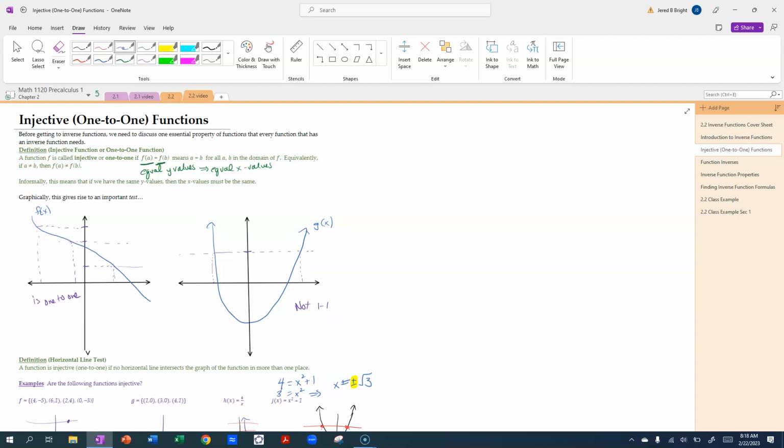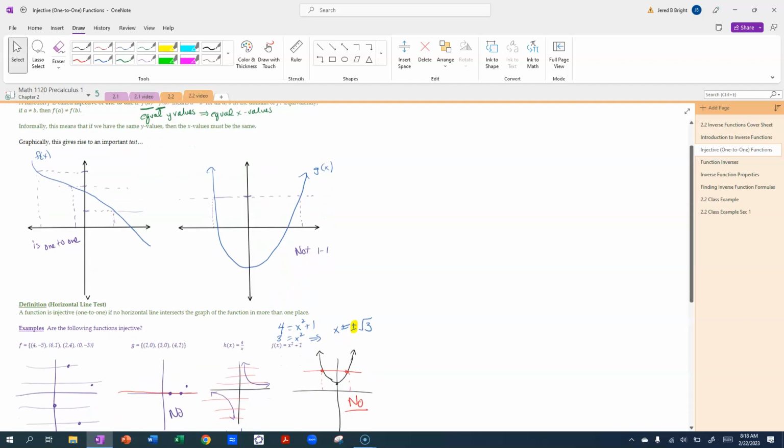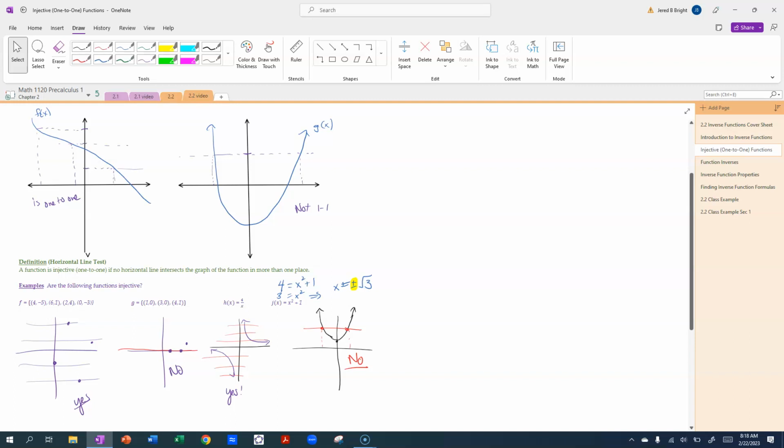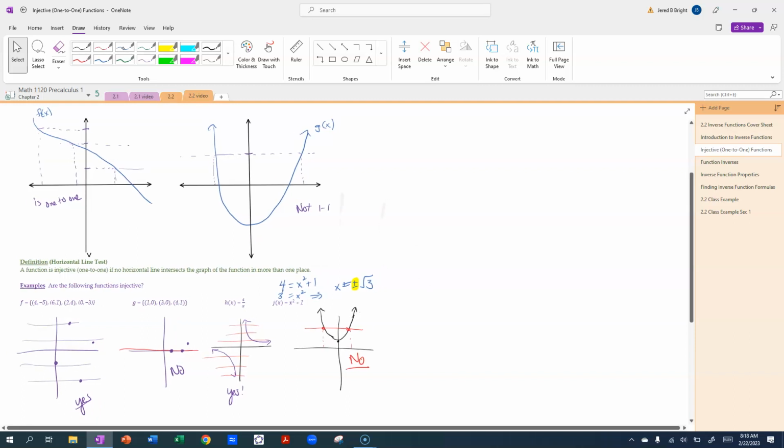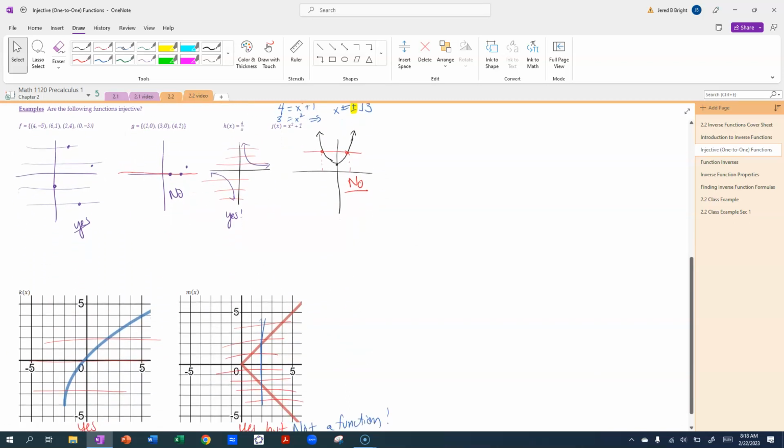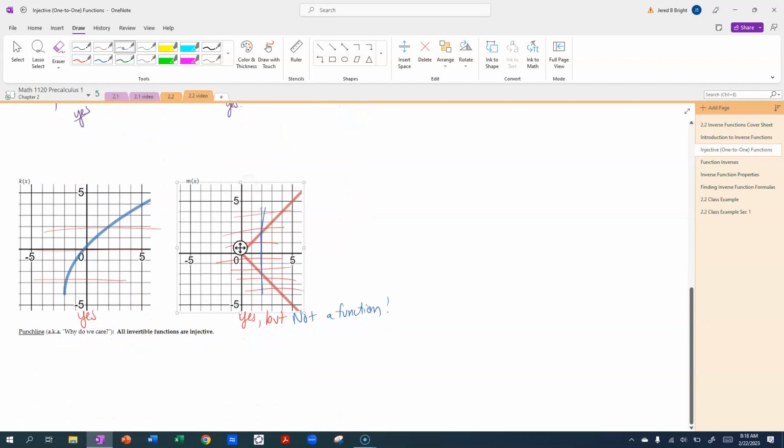If we have more than one x value at a certain y value, then it does not have this property. You can use the horizontal line test to check for this injective property. And the upshot of all this is, when we're working with inverse functions, or functions that are invertible, they need to be injective, otherwise we're going to get stuck. We'll work a little bit more with this property in the upcoming videos.